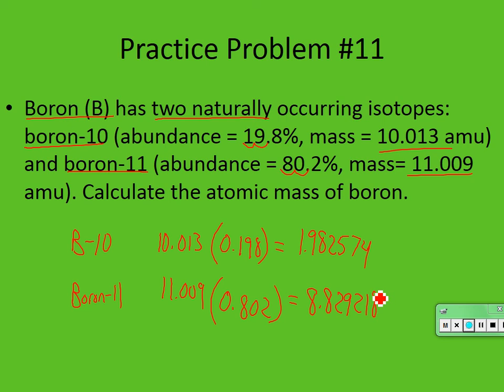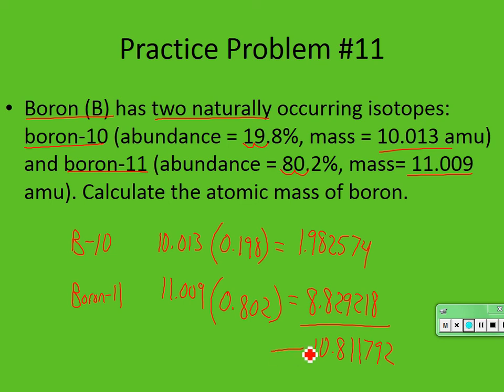If you add those two numbers together, I get 10.811792. Now let's look at boron on your periodic table.